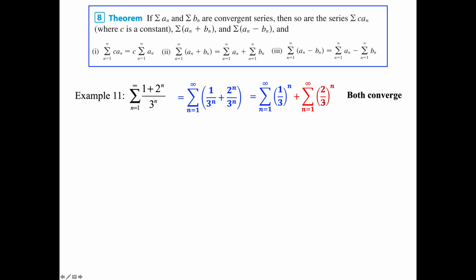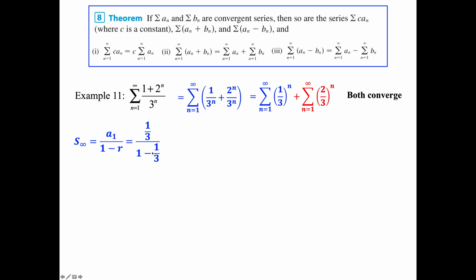So therefore I know they both converge. Find the sum of this one, find the sum of that, and we add them together. We have the sum of our example summation. Using the infinite sum formula, a sub 1 over 1 minus r, plug in a 1. 1/3 to the first is 1/3. That's your first term. 1 minus r is going to give me 2/3.